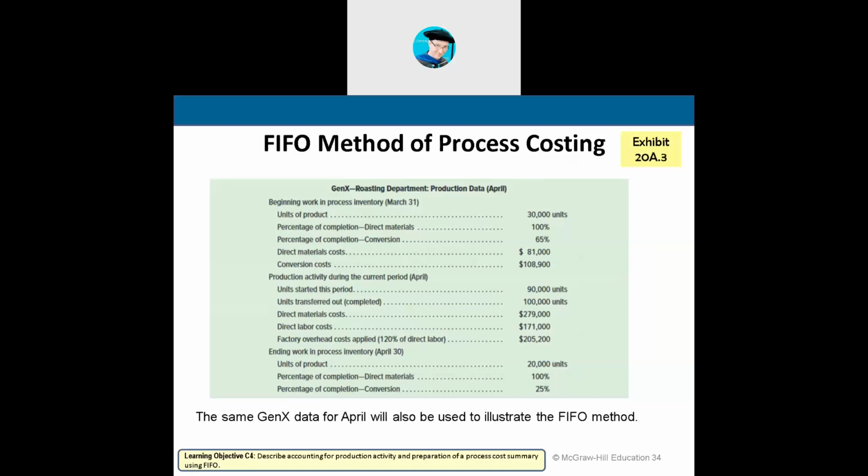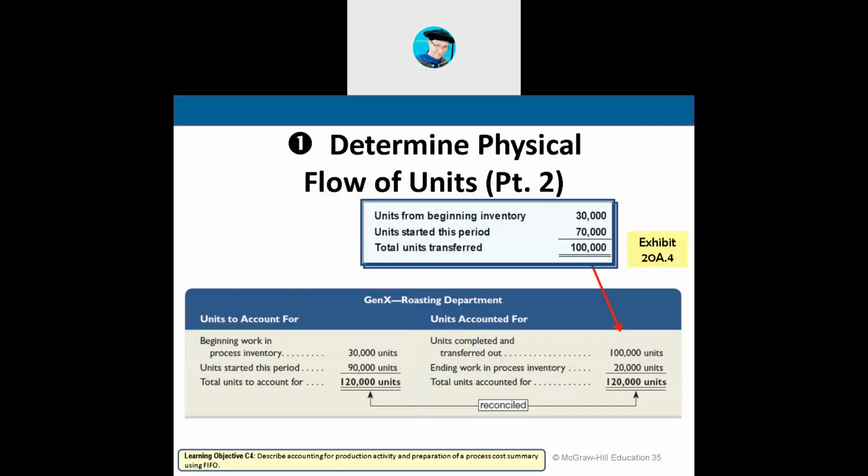And so with this data, we can get the first in, first out method. Step one of using the first in, first out method is to determine the physical flow, just like we did with the weighted average.